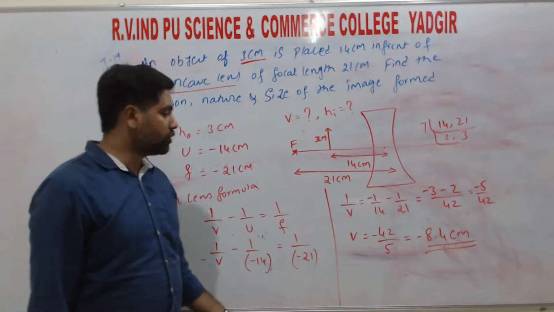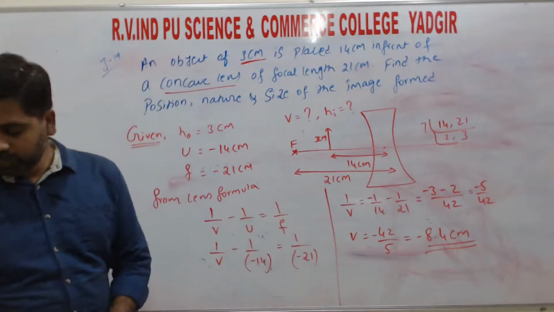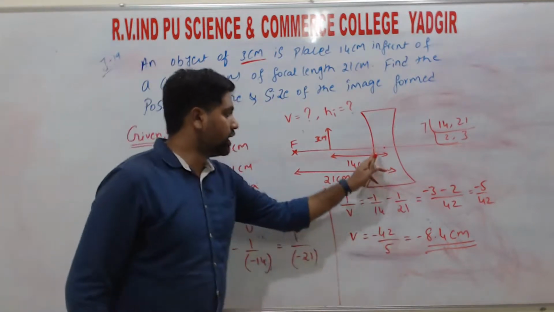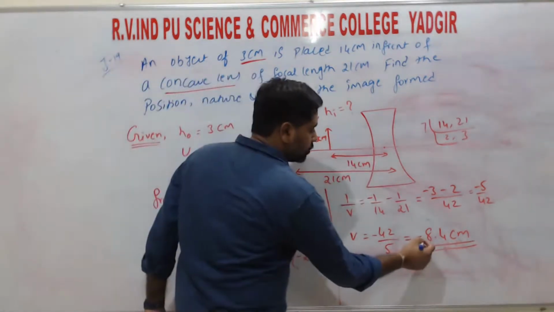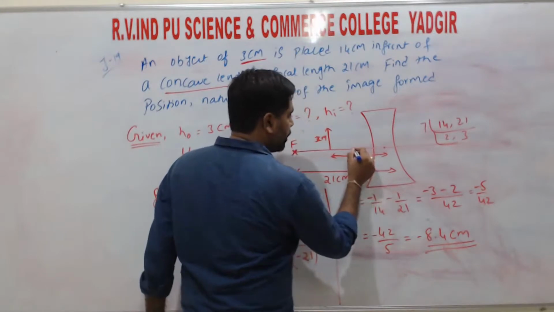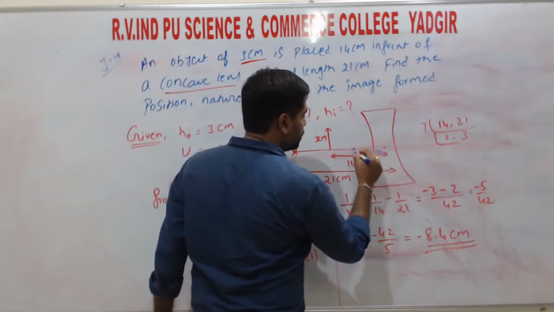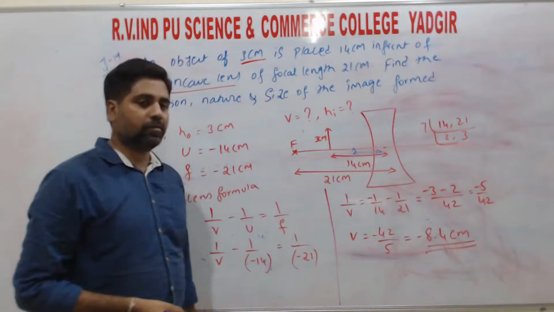So the image is formed. Minus represents that it is opposite to the direction of the incident ray. So minus 8.4 means somewhere here. This is the image distance.